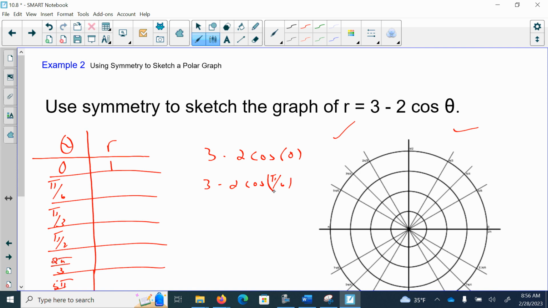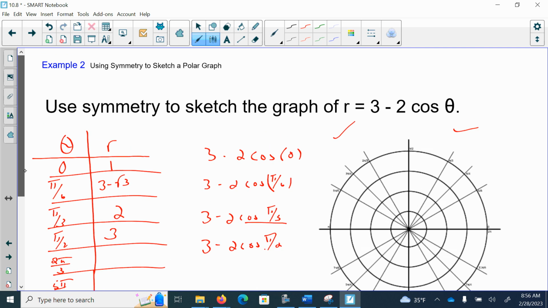So this will end up being 3 minus the square root of 3. When I go to do pi over 3, that's 3 minus 2 times the cosine of pi over 3. Well, the cosine of pi over 3 is 1/2. It's 1, which is 2. When I do 3 minus 2 times the cosine of pi over 2, cosine of pi over 2 is 0, so it's 3 minus 0, which is 3.